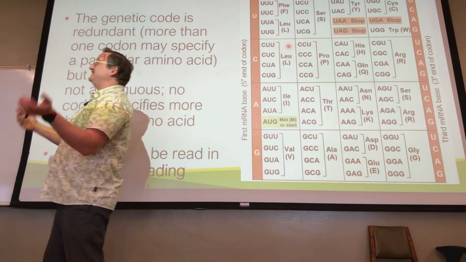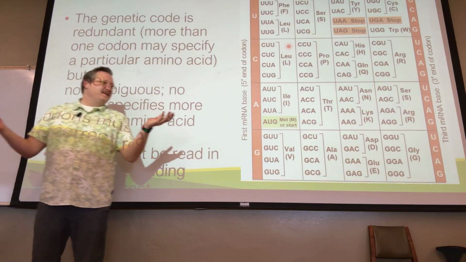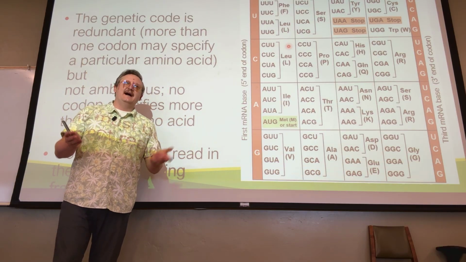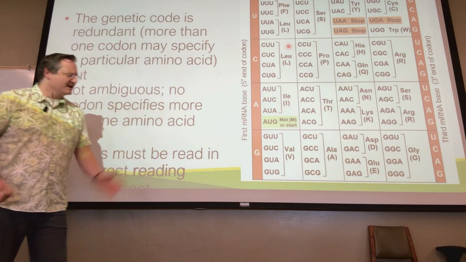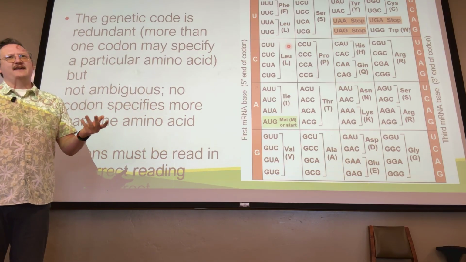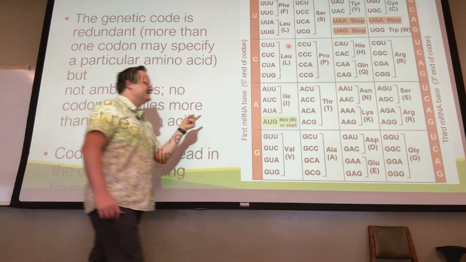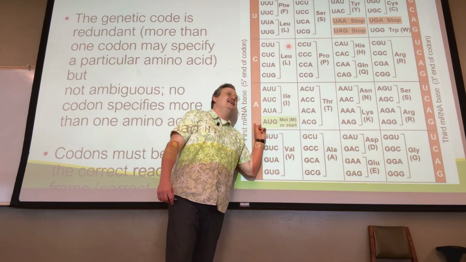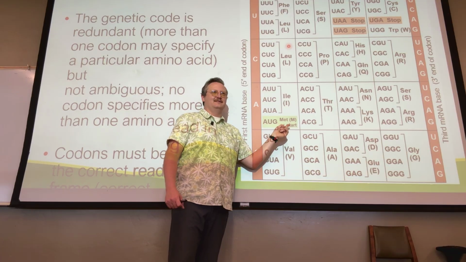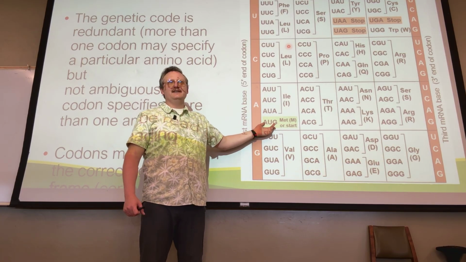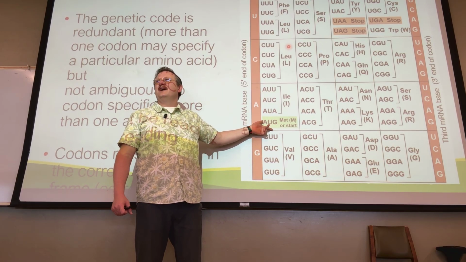Let's say that you've got a sequence of mRNA and you want to know what amino acids it's going to encode. Well, not to get too far ahead of myself, but there's this first codon that needs to be there and indicates the start of a protein. It's AUG, also called the start codon.